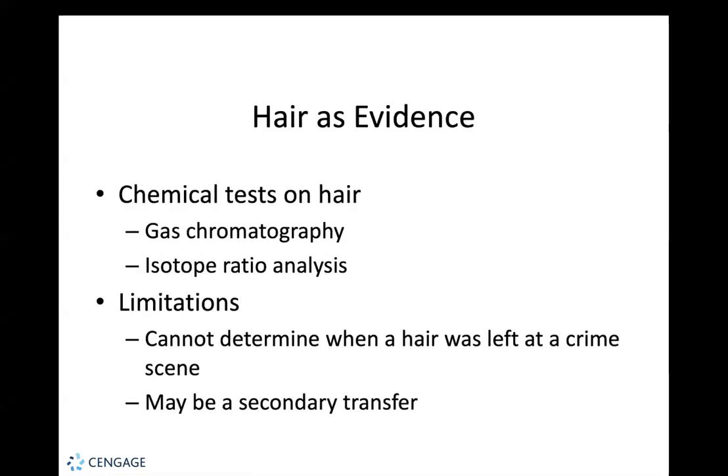These are two types of chemical tests with which you can determine the compound composition of a sample, and they allow you to separate out all the different compounds that make up a particular sample. The limitation of these tests is that they cannot determine when a hair was left at a crime scene. It can't put a timeline to it. And it also might be a secondary transfer.